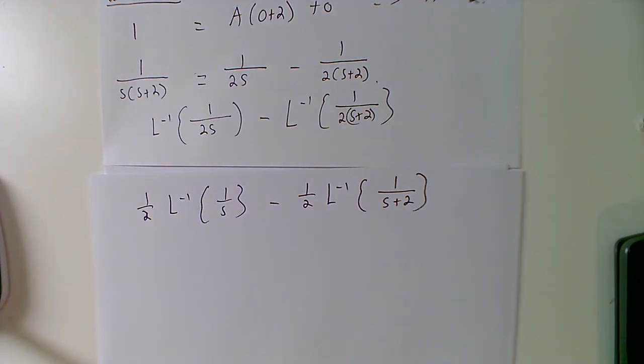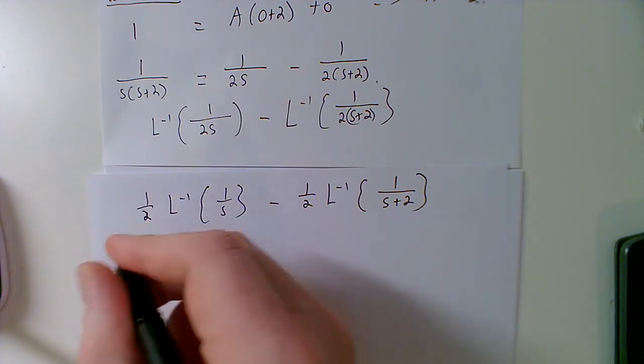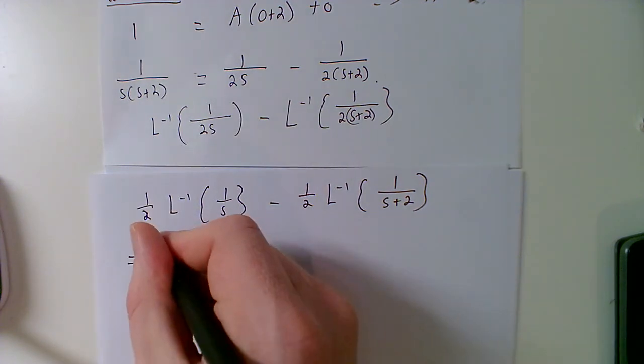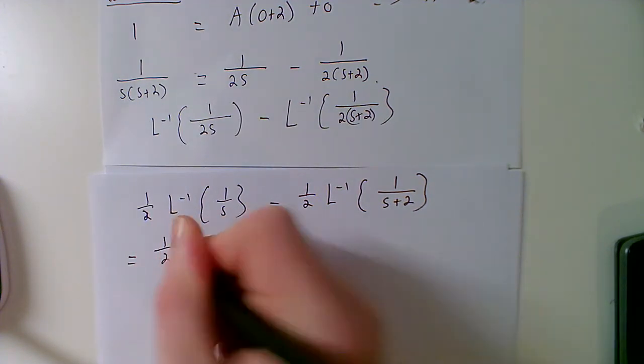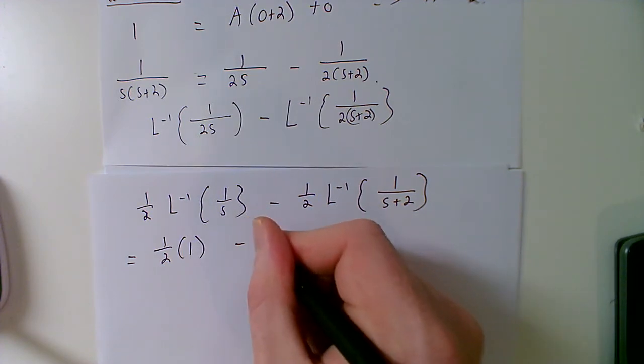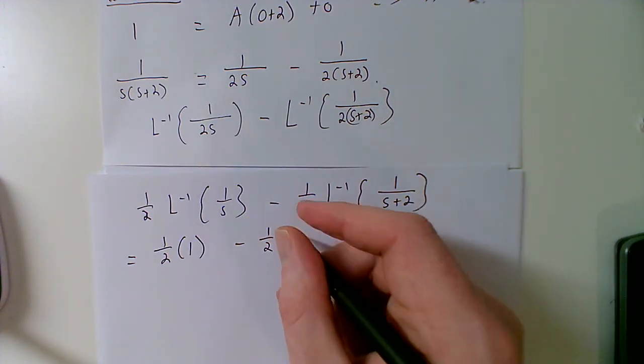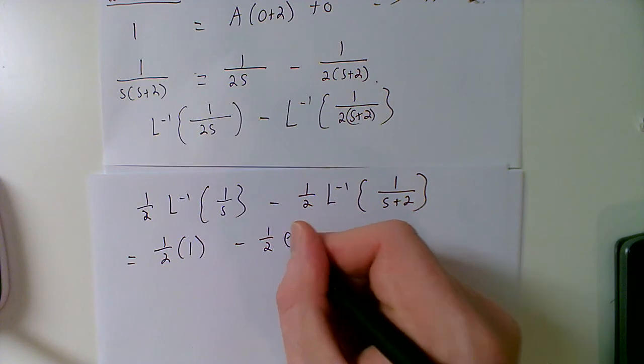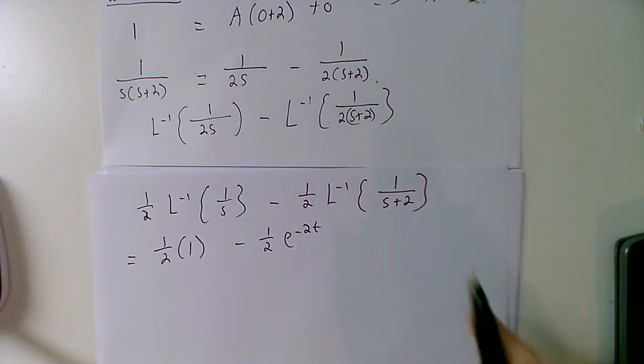And that there is just 1/2 multiplied by 1, that is a half multiplied by e to the power of negative 2t from my table.